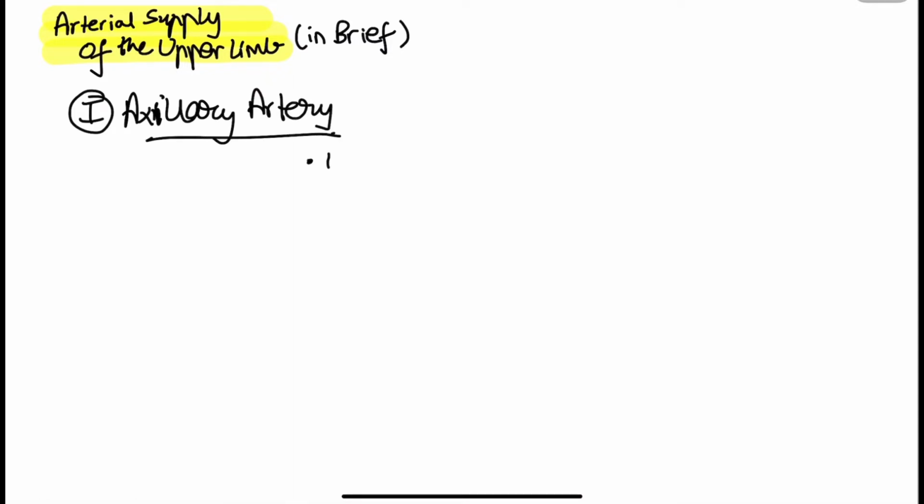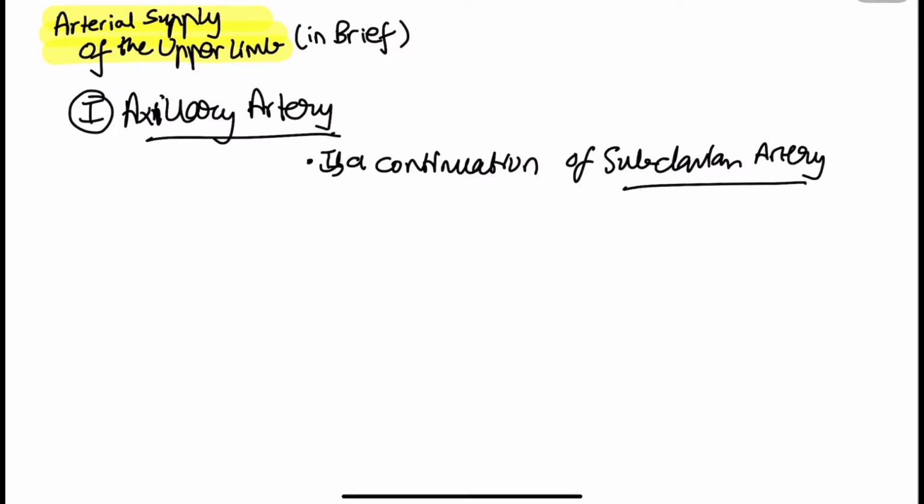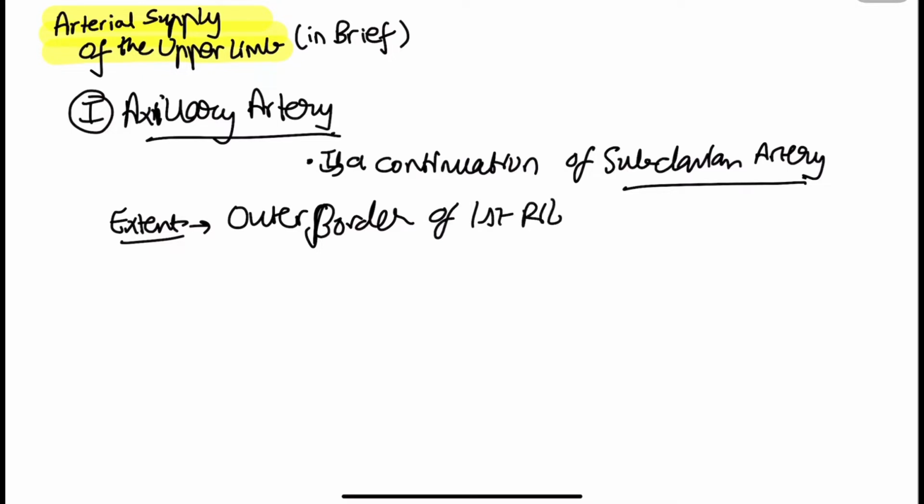The axillary artery is a direct continuation of subclavian artery. So, talking about its extent, it extends from the outer border of first rib to the lower border of teres major muscle.